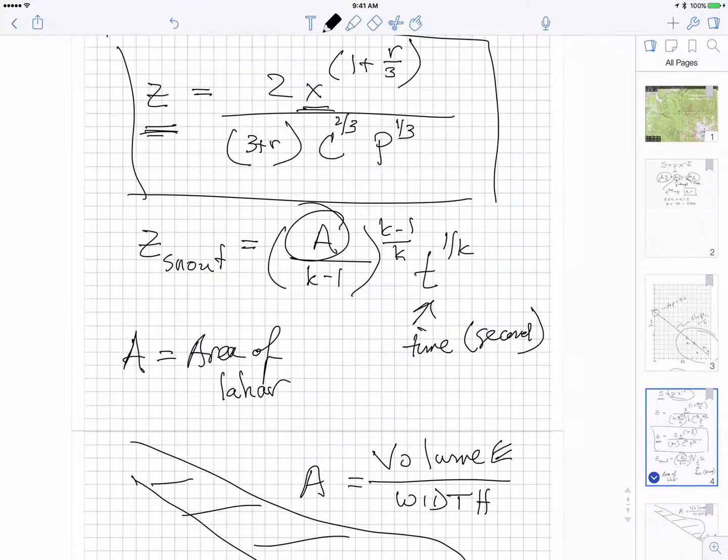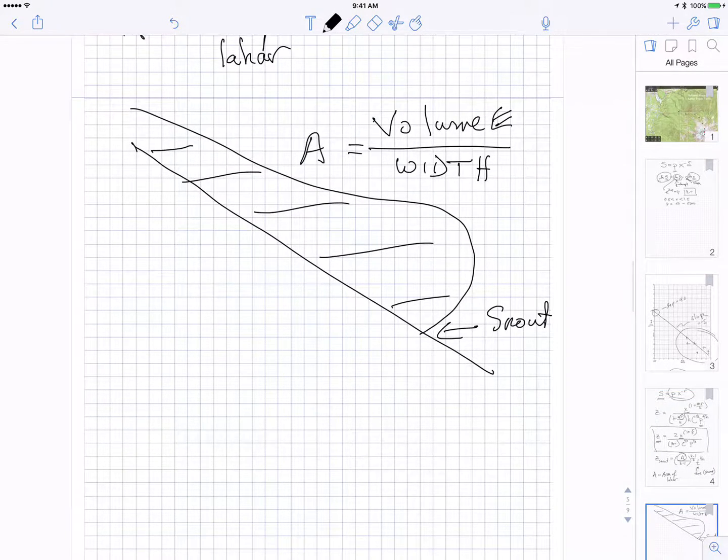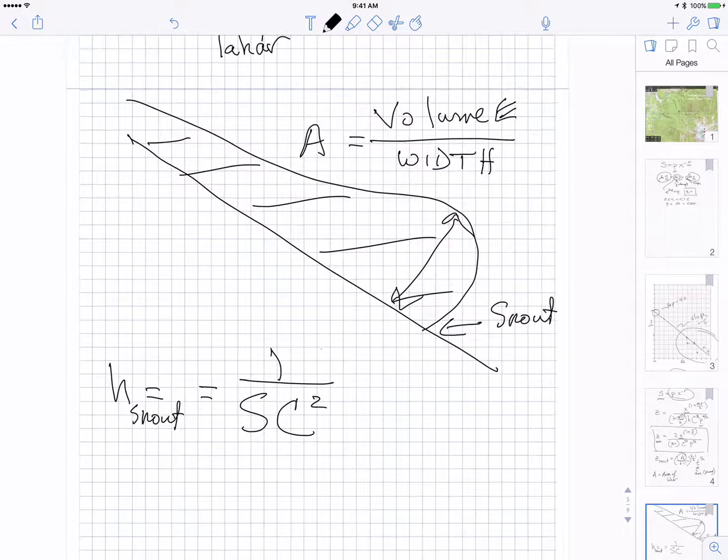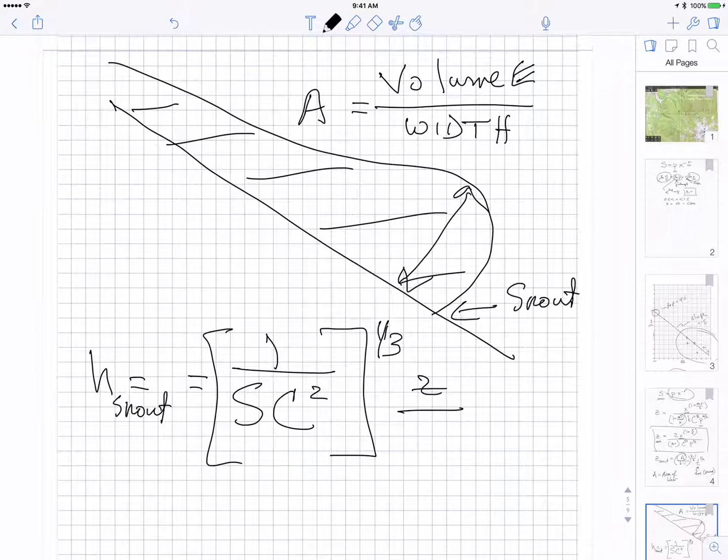There's a similar equation for the height, and the height of the snout, that's this height here. The height of the snout is equal to 1 over S_C squared to the 1/3 times Z over T. And so once you know your Z, you will know your T because you've done that in the first part.